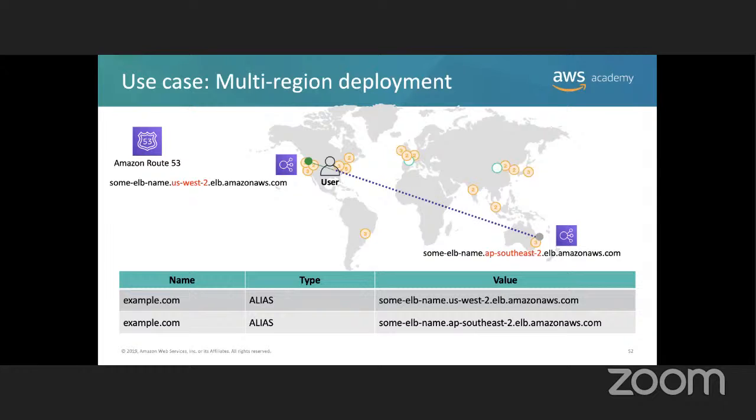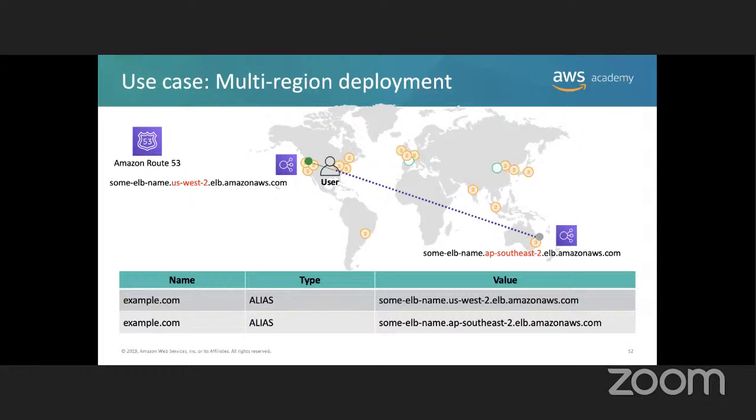The name is example.com, and the alias value is the domain name that you see there. Multi-region deployment is an example use case for Amazon Route 53. With Amazon Route 53, the user is automatically directed to the elastic load balancer that is closest to the user.